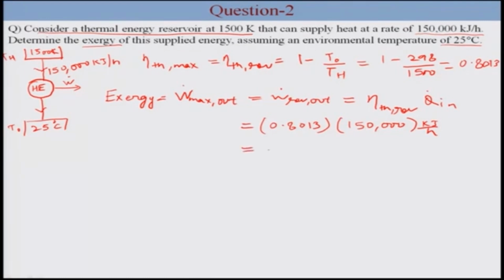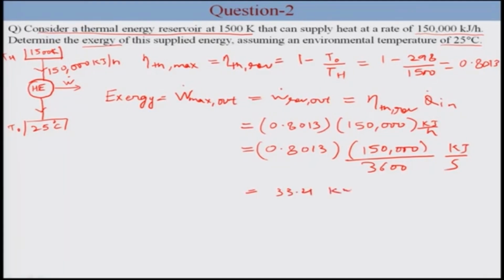So this is equal to 0.8013 multiplied by, converting hour into second, so it will be 150,000 divided by 3600 kilojoule per second, and this comes out to be 33.4 kilowatt. So this is the exergy of the supplied energy.